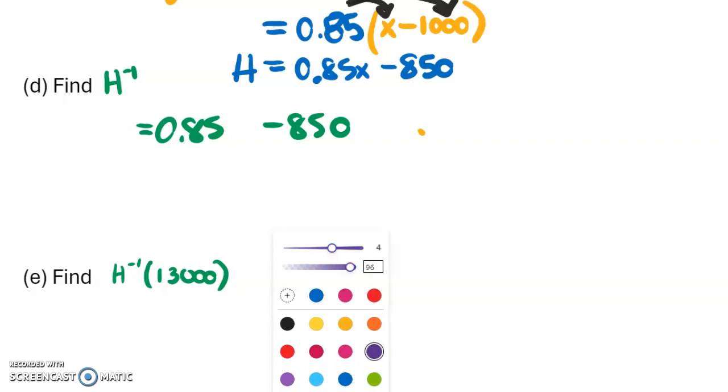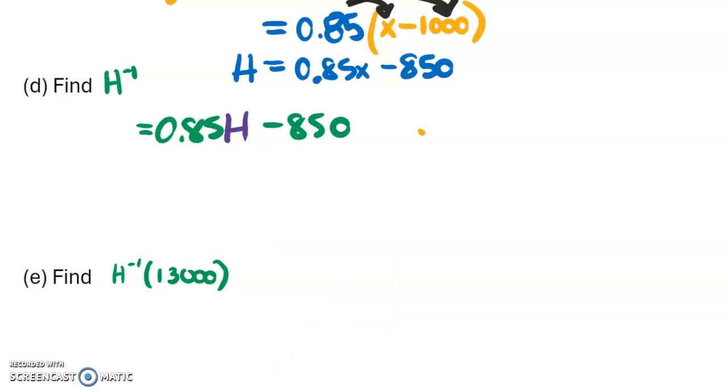Normally I would say x and y, but in this case it would be H and x. So swapping the variables, and then now solve for that variable that you swapped.